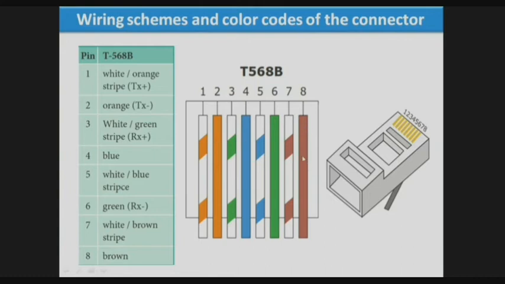So these wires are inserted in the RJ45 connector pins in the same order. For example, the fourth wire, that is the blue wire, is inserted in the fourth pin of the RJ45 connector.